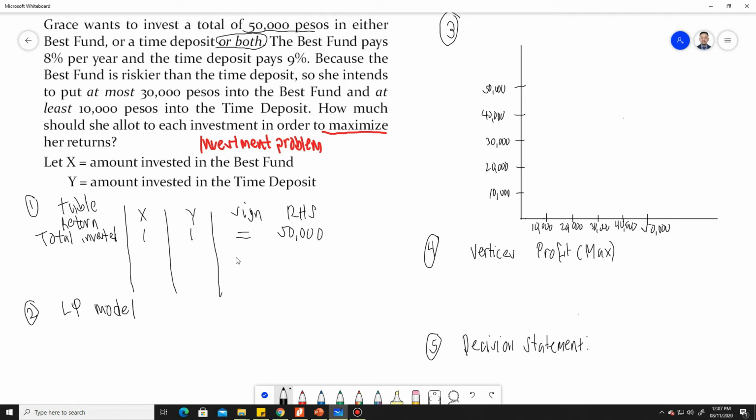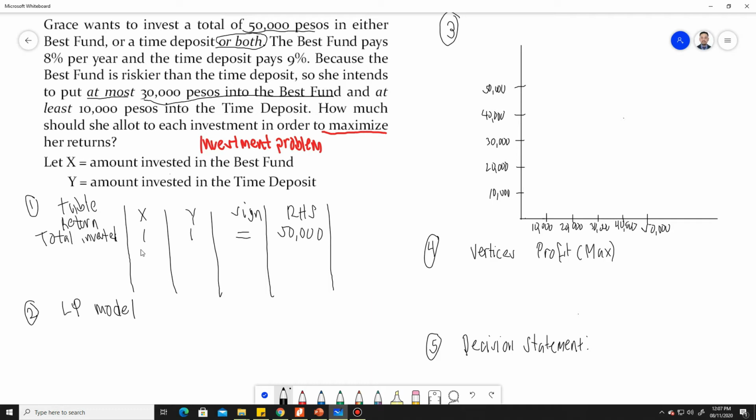Then, meron pa tayong additional constraint. Sabi dito, because the best fund is riskier than the time deposit, so she intends to put at most 30,000 pesos into the best fund.